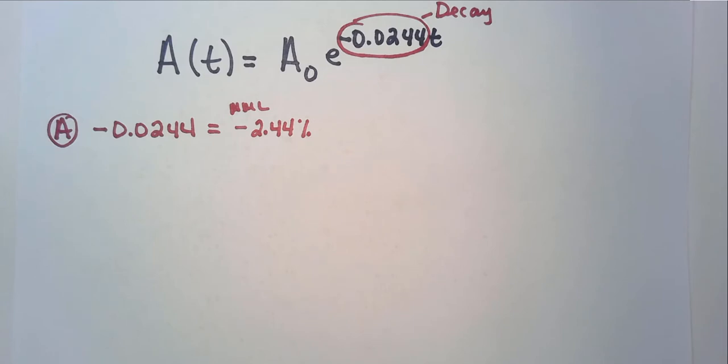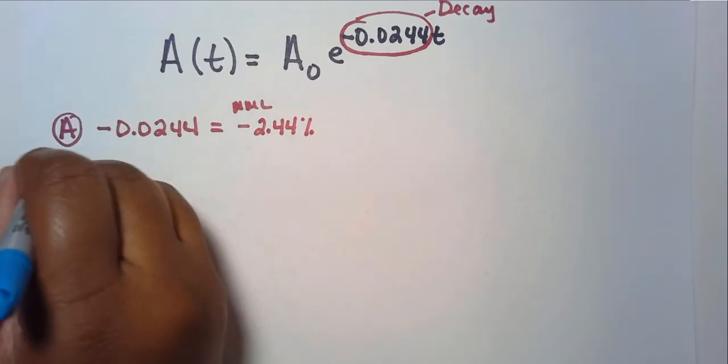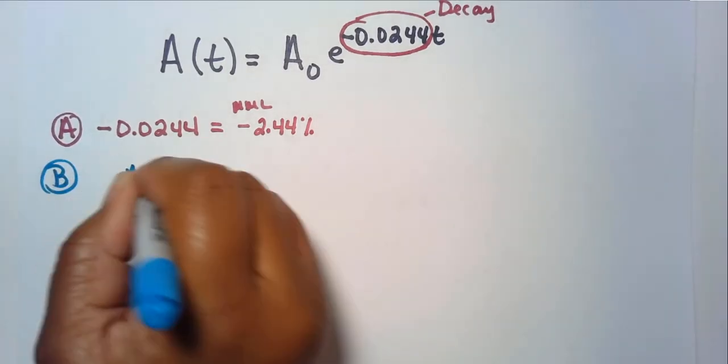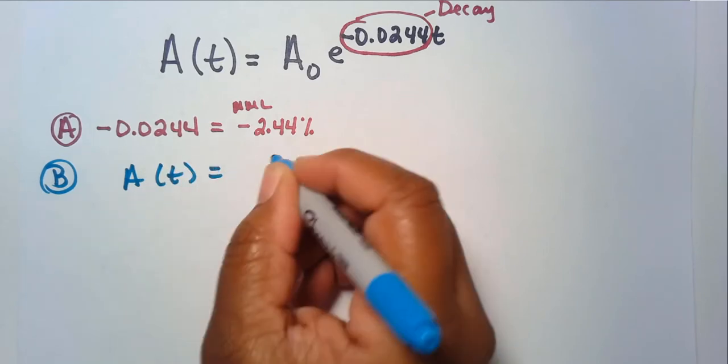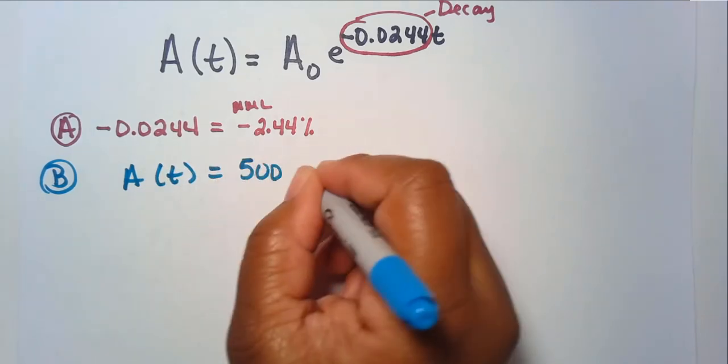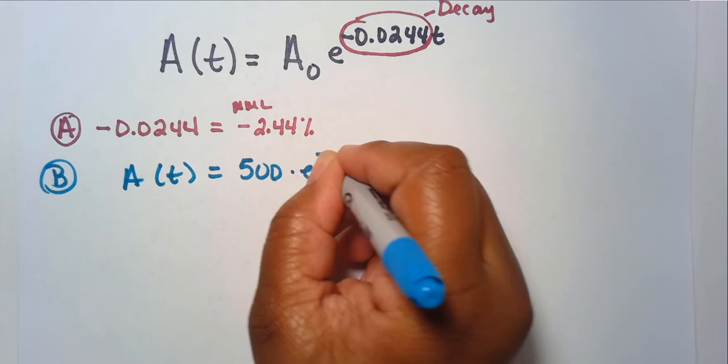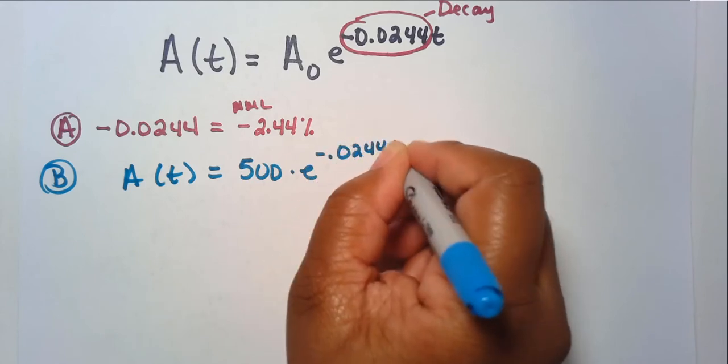So that will be our initial amount present. So we have A of T is equal to 500 times e to the negative 0.0244 T.